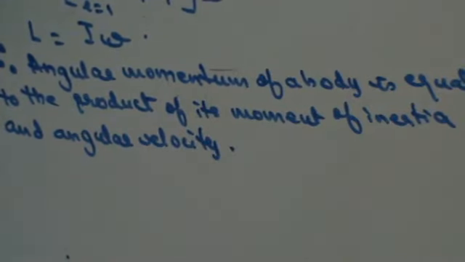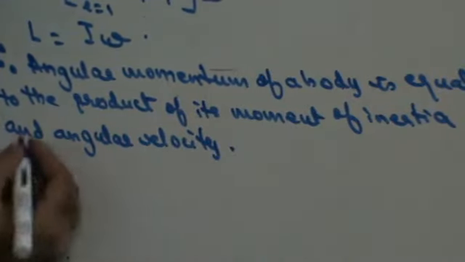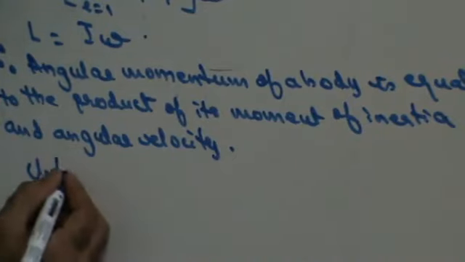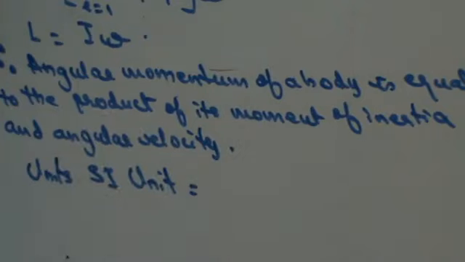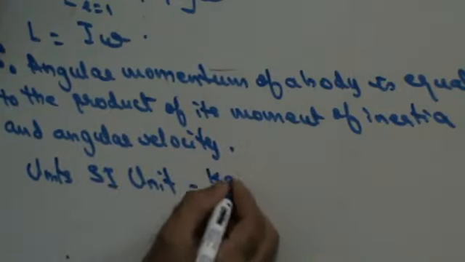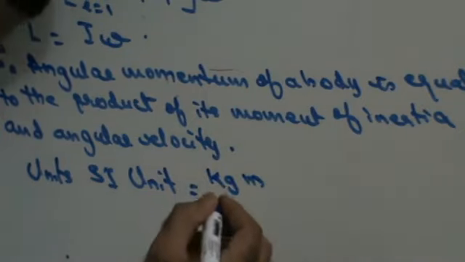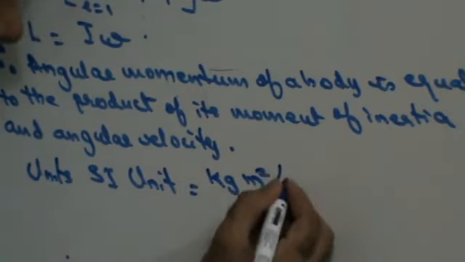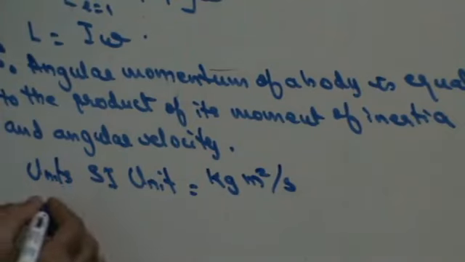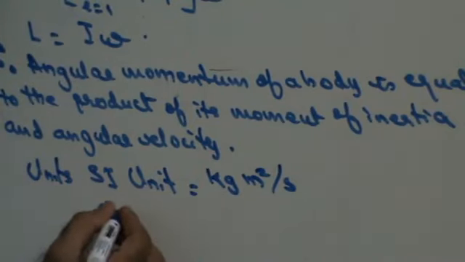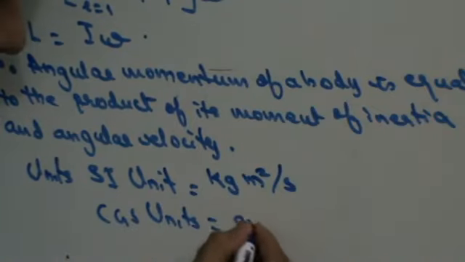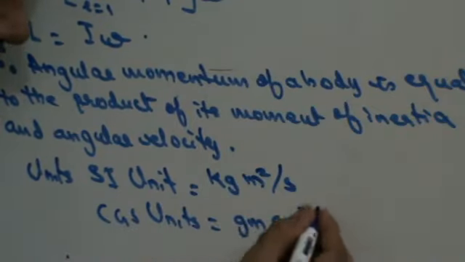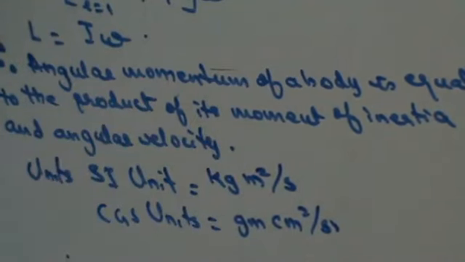Fine. Now in that case, what will be the units? SI units. It is nothing but moment of inertia into angular velocity. Moment of inertia is kg meter square, angular velocity is per second, so kg meter square per second, and the CGS units will be gram centimeter square per second, right?